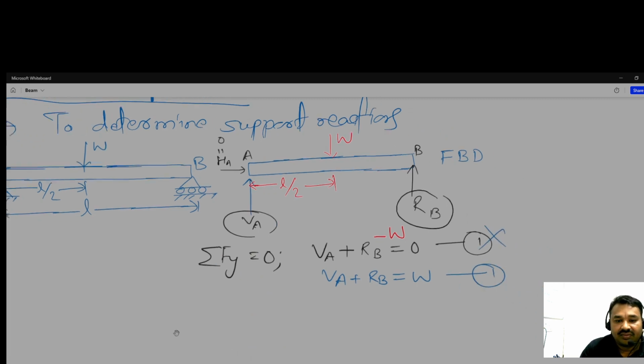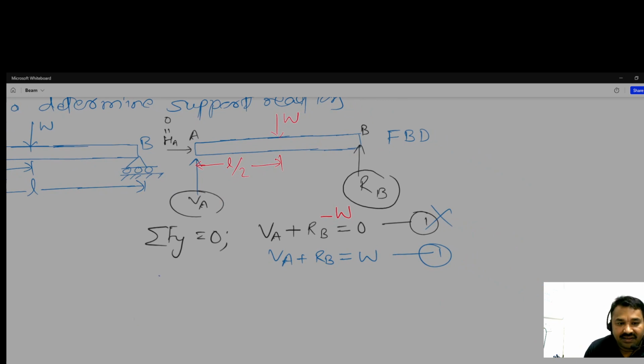Now we have to satisfy the moment equation. Summation of moment about A. W will try to rotate the beam clockwise, and clockwise we are taking negative, that's why negative, and the perpendicular distance is L by 2, which we have multiplied.